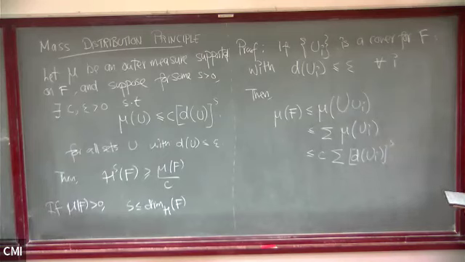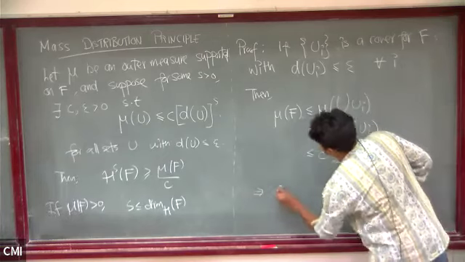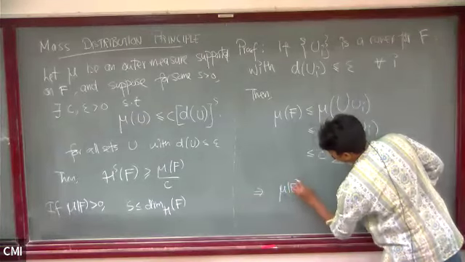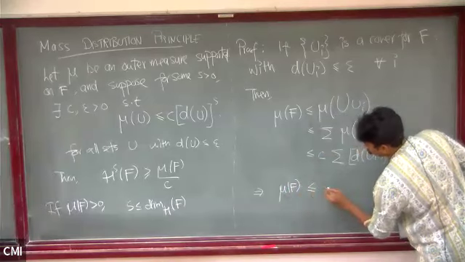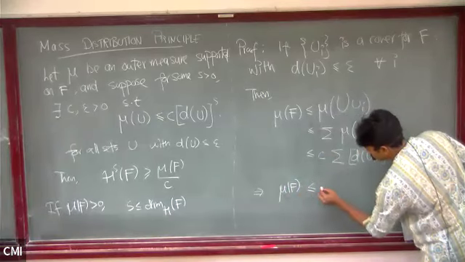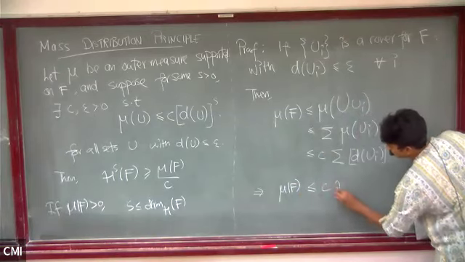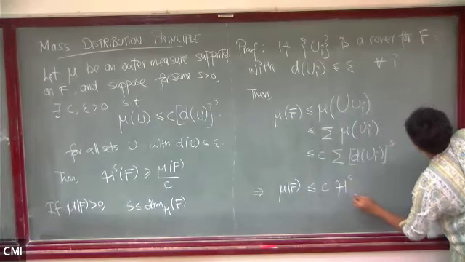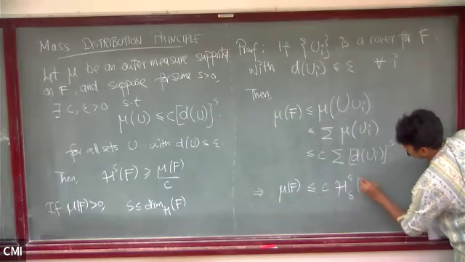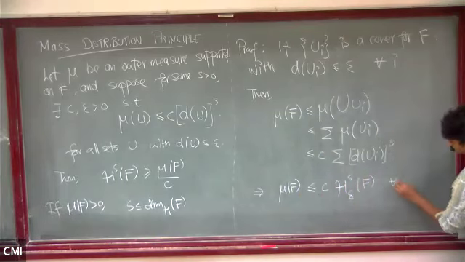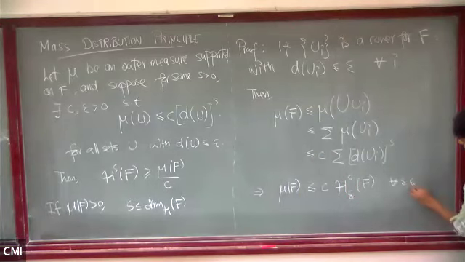Now I see that if you recall the definition of the s-dimensional Hausdorff measure, you're looking at the infimum over all these s sums. So this inequality would tell me that mu of F is a lower bound to C times H^s_delta of F for all delta smaller than epsilon.